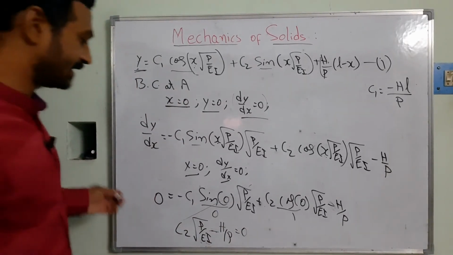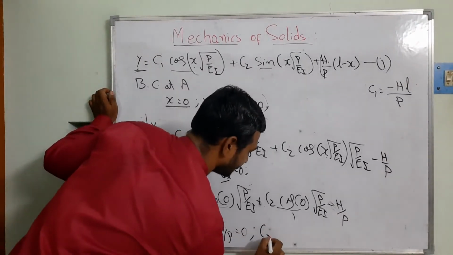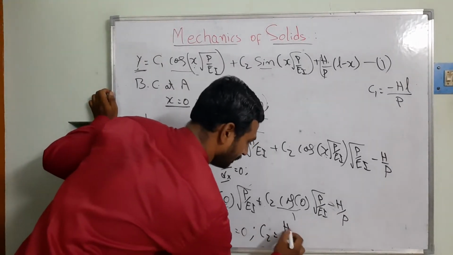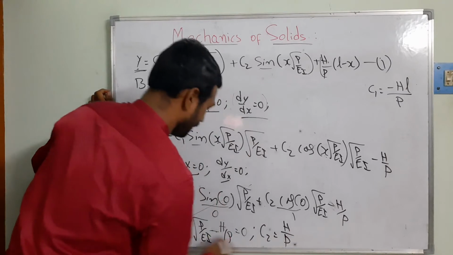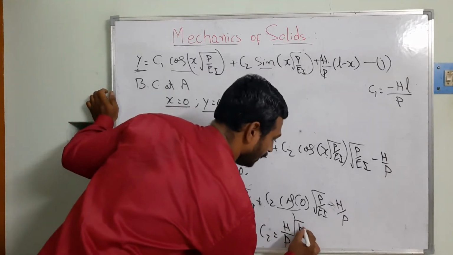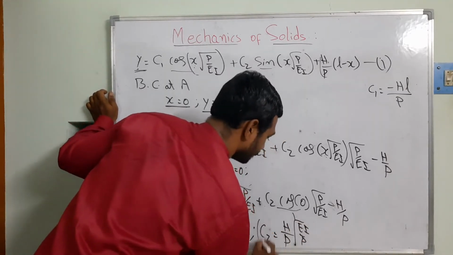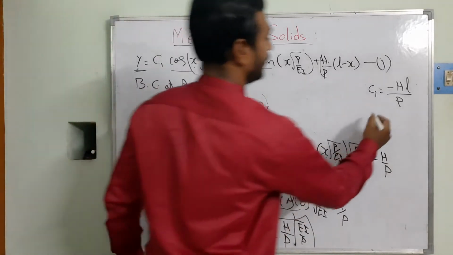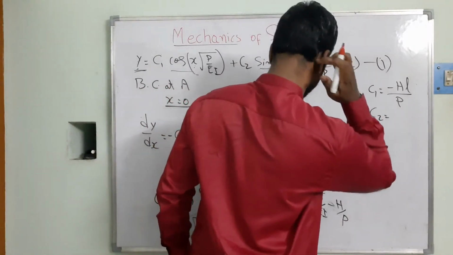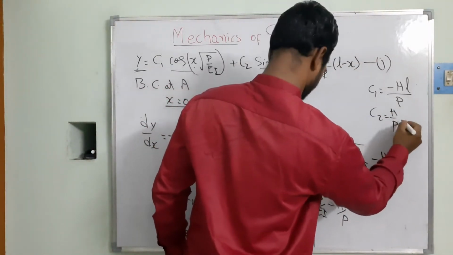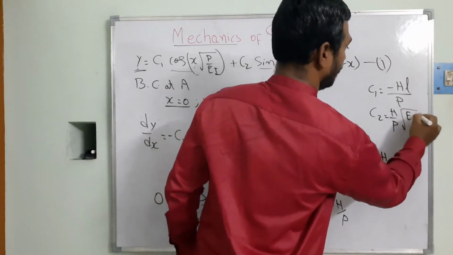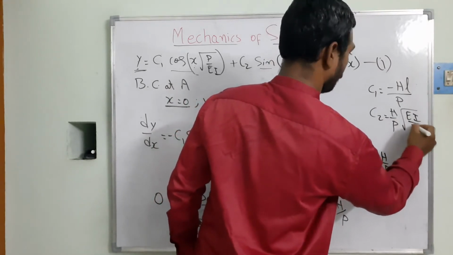So I'm doing the further simplification, that's C2 is equal to h by P, I took to the right side, and then this will become EI by P, we got it, that I'm writing here, C2 is equal to h by P square root of EI by P.